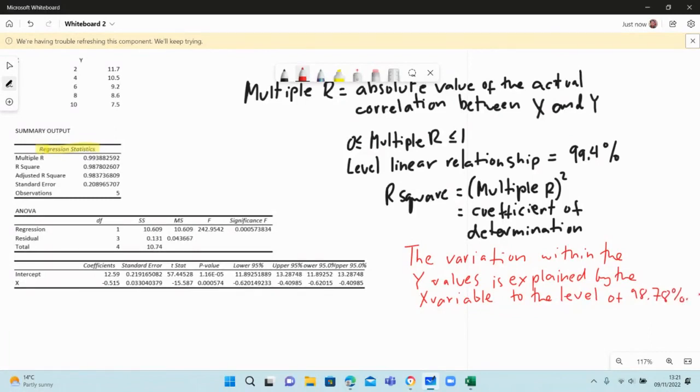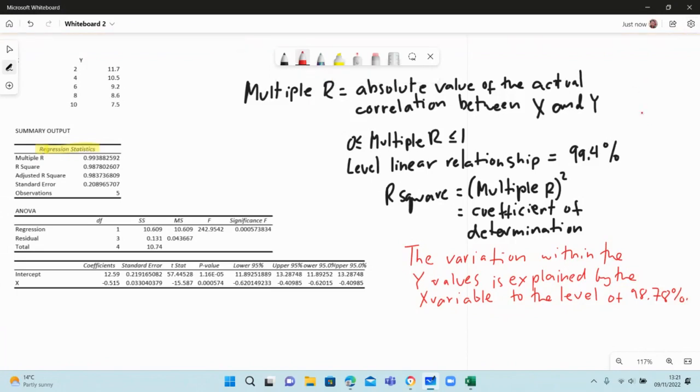Okay, so this is actually a good value because, again, normally if the multiple r is large, then the r square value will also be large. And this basically tells us that any variation within the values of the dependent variable y can actually be accounted for by the introduction of the x variable, which is our independent variable.